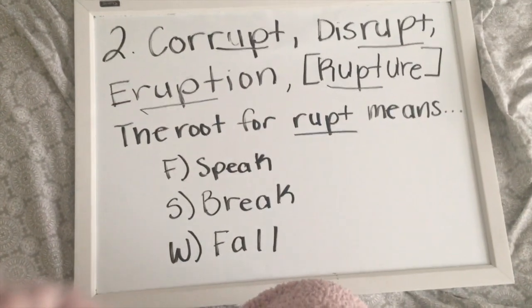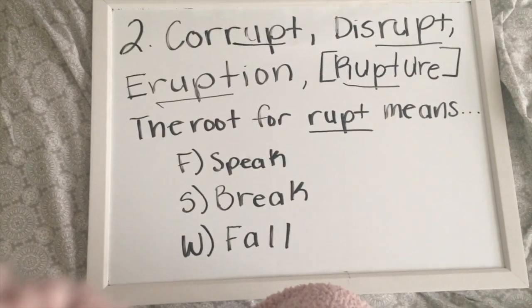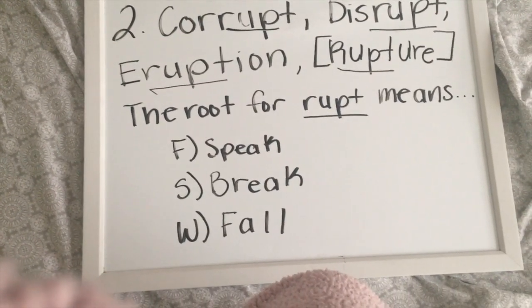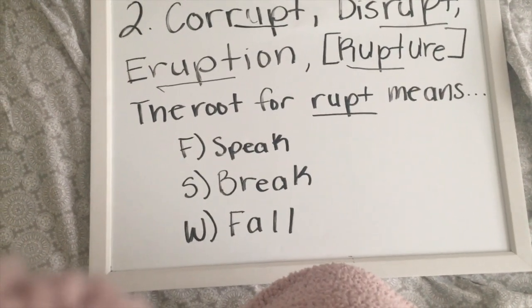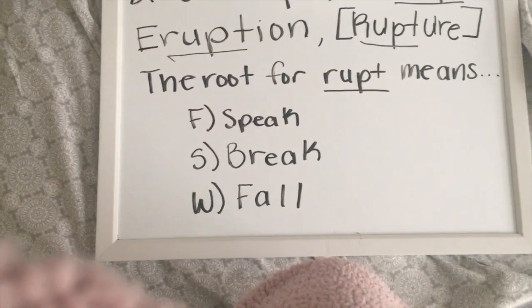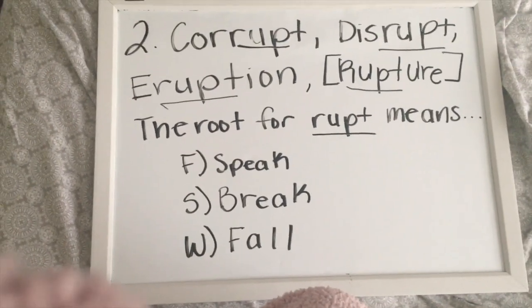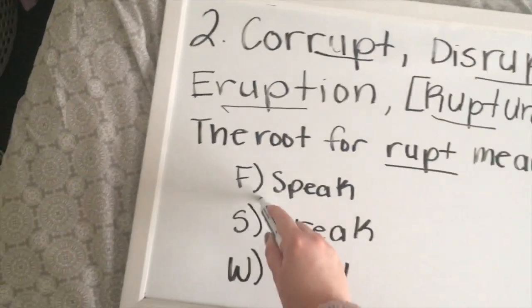It's usually medical terms, right, that you think of for rupture. So eruption and rupture. What do you think that means when the volcano, when the magma, it what? So that it spews out in a volcanic eruption. Does it fall? Does it speak? No. Yeah, right. It breaks.